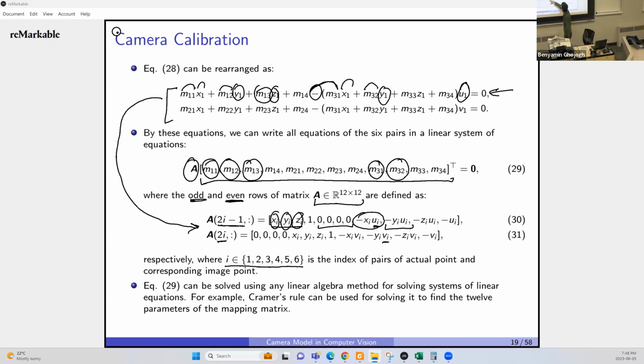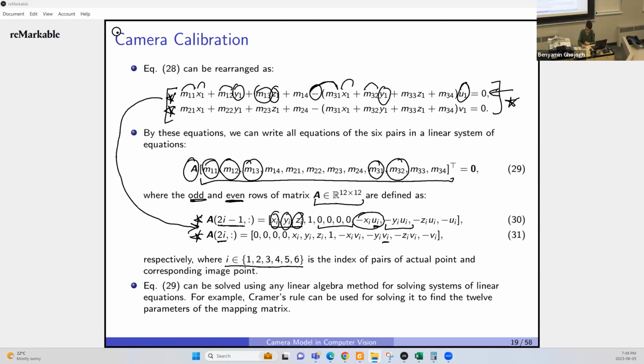You can do this for the second rows too. So even ones too. Okay, because we have two equations, right? That's why I have made it odd and even. In simple words, you don't need to make it complicated for yourself. For every pair, you have these two equations. Do it for 6 pairs. You will have a bunch of equations.